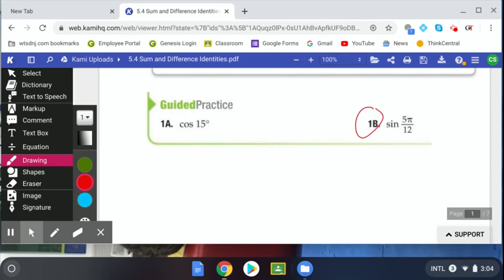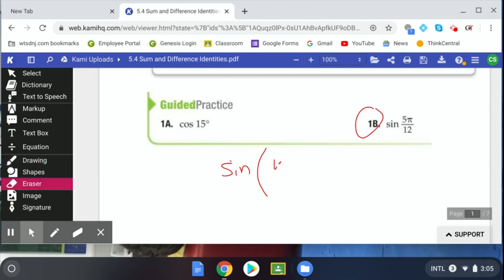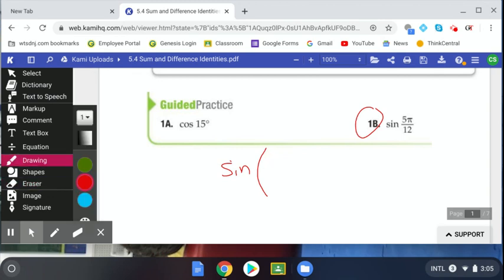So once again, I have to write it either as a sum or a difference of two of my special angles. I wrote it as sine 3 pi over 12, which is pi over 4. Actually, let me do it the long way. 3 pi over 12 plus 2 pi over 12, which is going to be pi over 6.